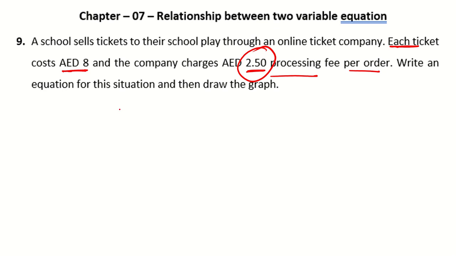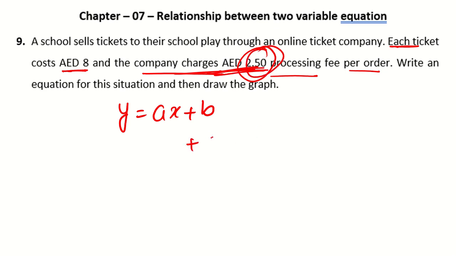Okay. So what simple rule did I tell you? y is equal to ax plus b. So whatever you have as an extra amount goes with b. So this is 2.50. This is the value of b. Okay. And whatever you do with one ticket, or per quantity, for one quantity, that goes with a.